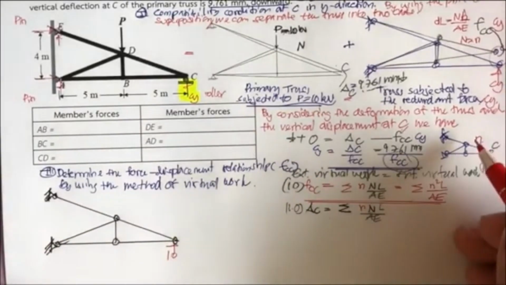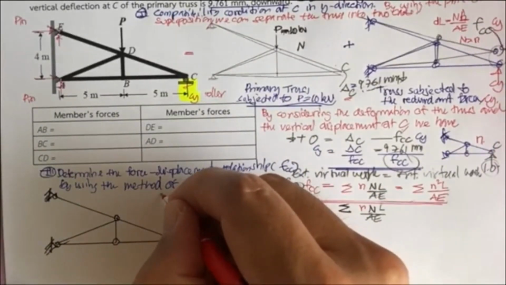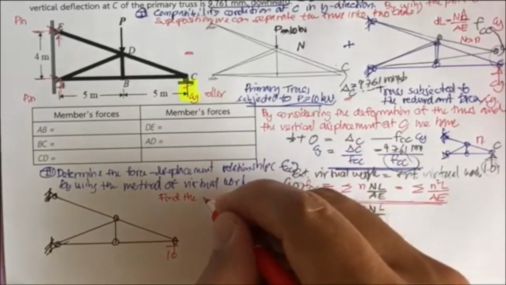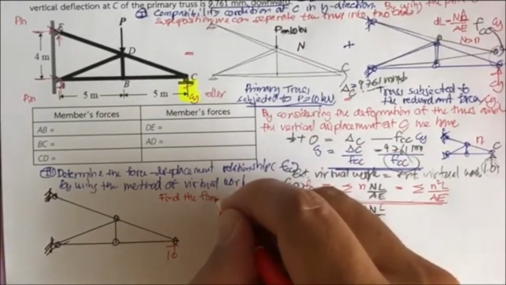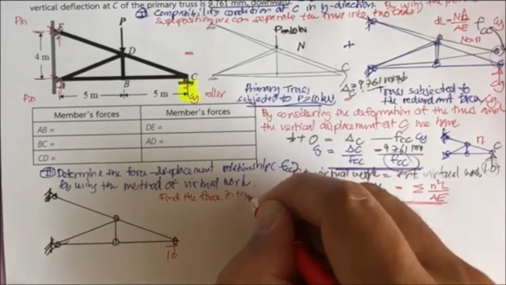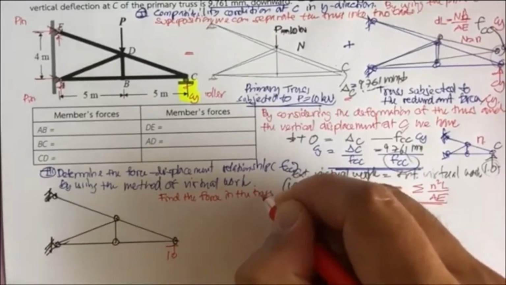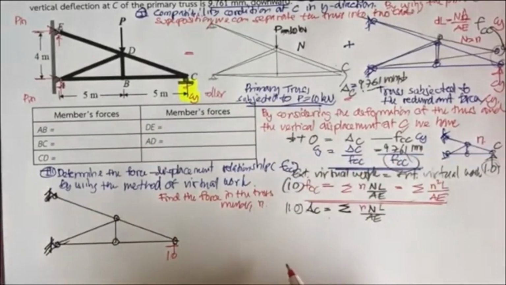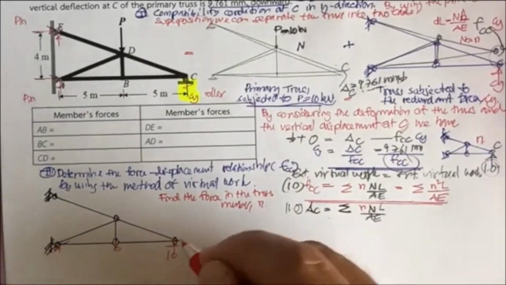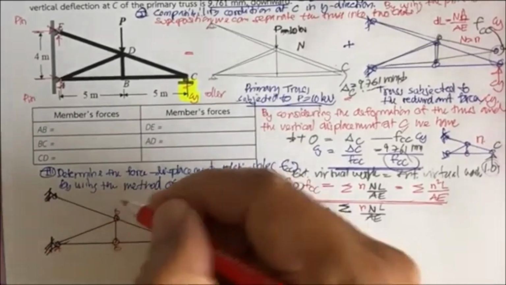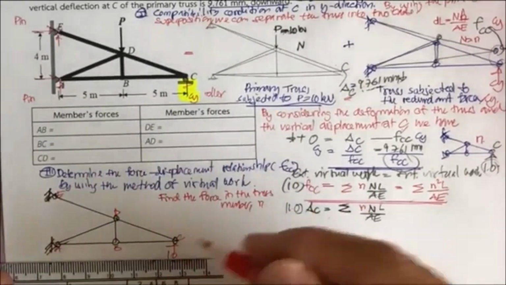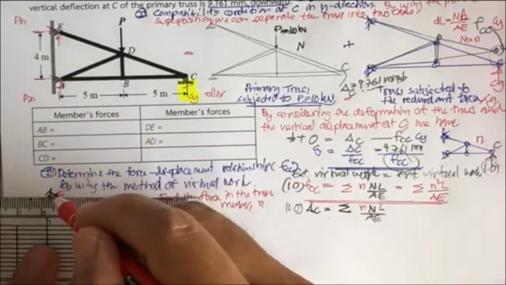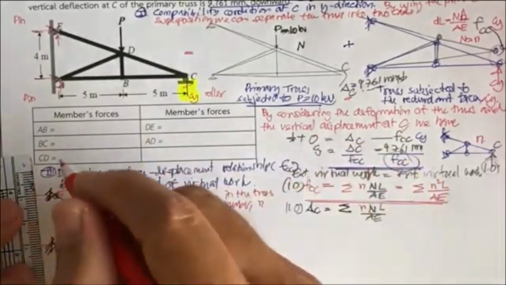to determine n. So we are going to find the force in the truss member, which is the n. Okay, this is going to be A, B, C, and D and E. This is going to be 5 meter, and this is going to be 4 meter, right?